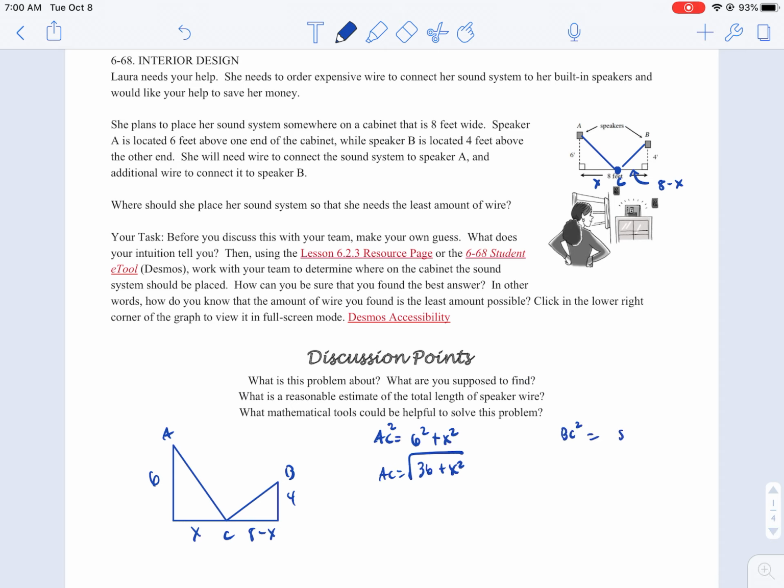BC squared is equal to (8 minus X) squared plus 4 squared, 16, which is X squared minus 16X plus 64 plus 16. So BC is equal to the square root of X squared minus 16X plus 80.